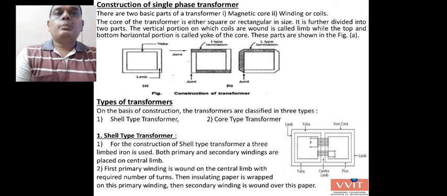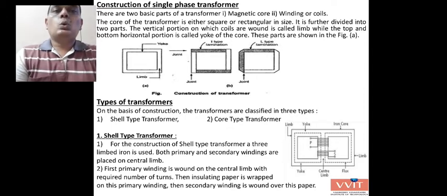Coming to the construction of the single phase transformer, there are two basic parts of a transformer. The first one is the magnetic core, and the second one is the winding or coil. The core of the transformer is either square or rectangular in shape. It is further divided into two parts.